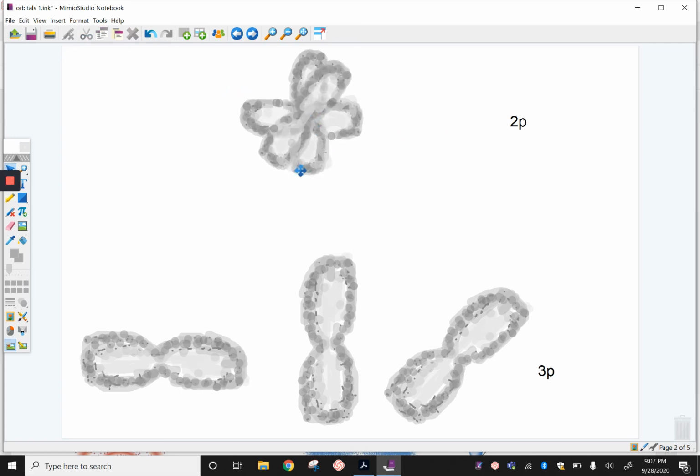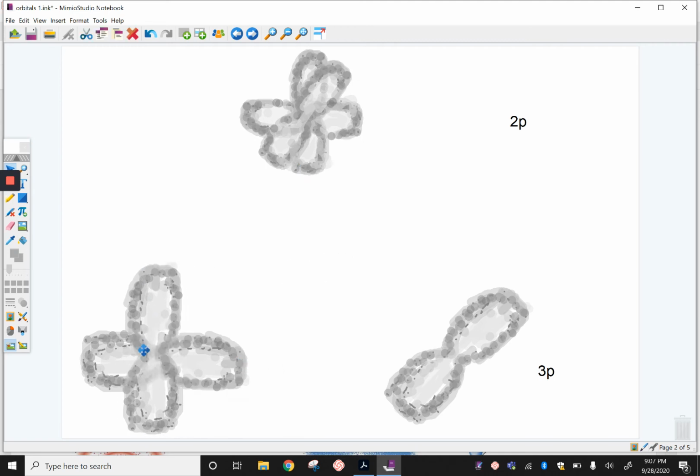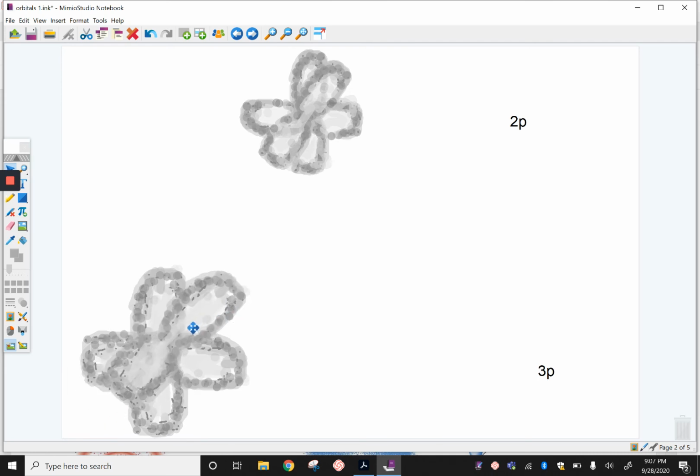Does that kind of look familiar to you? That's kind of how they draw sometimes the atoms. There's the 3P sublevel with 3 orbitals. The only difference between this one and this one is just the diameter, right? These are closer to the nucleus than those.